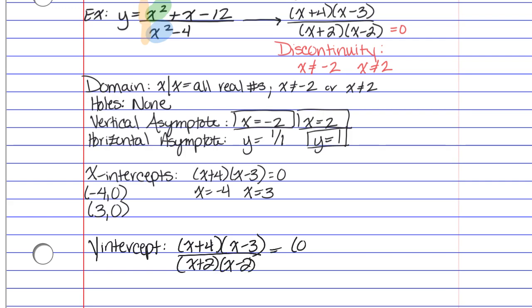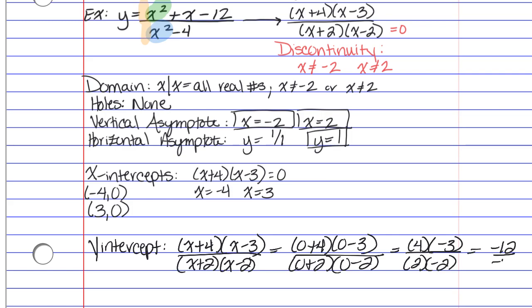So I plug in a 0 for all my x's, and I get a +4 times a -3, divided by a +2 times a -2, which gives me -12 divided by -4. So I have a y-intercept when x is 0, y is 3.